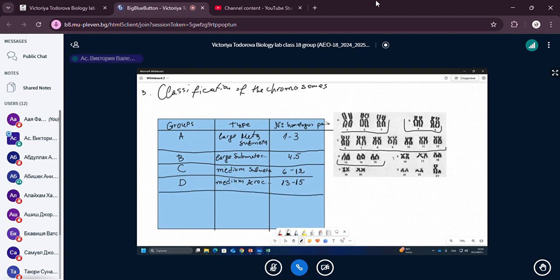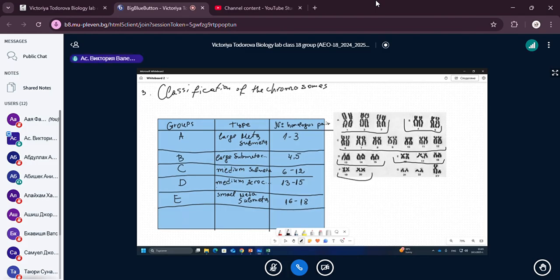Group E with numbers from 16 to 18. They are small meta and submeta here, and metacentrics.